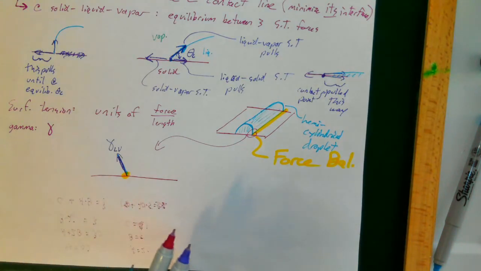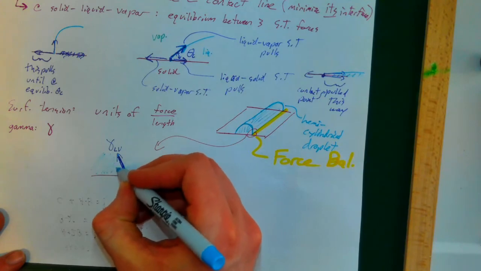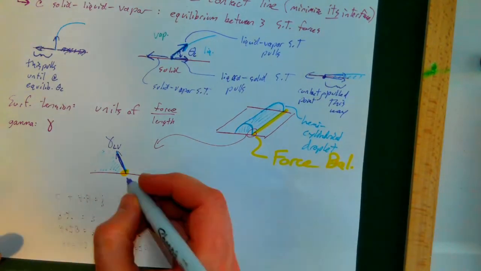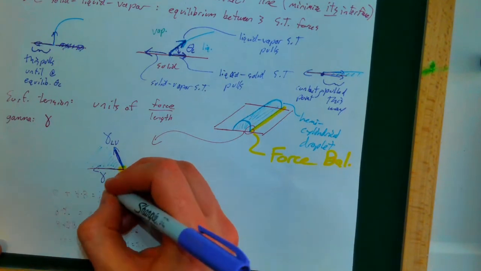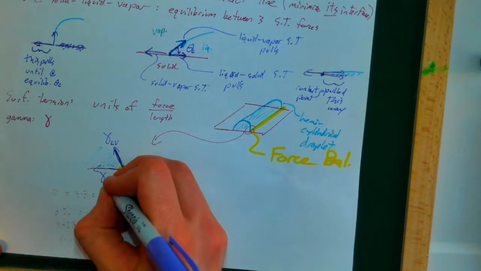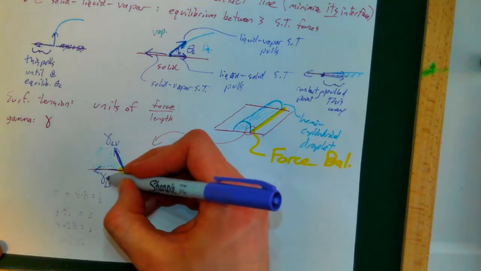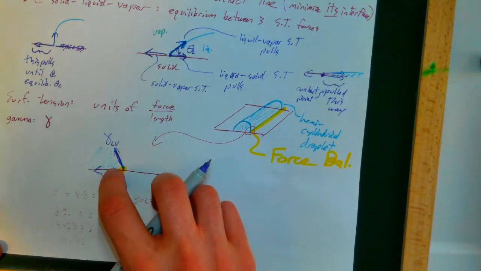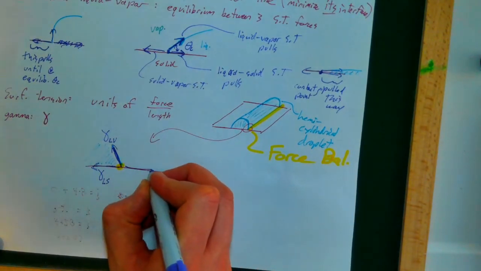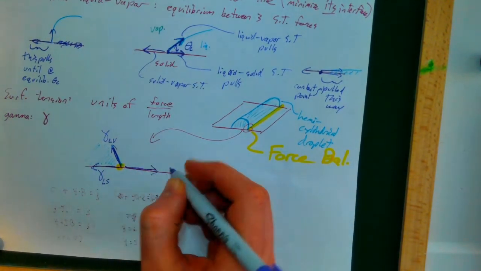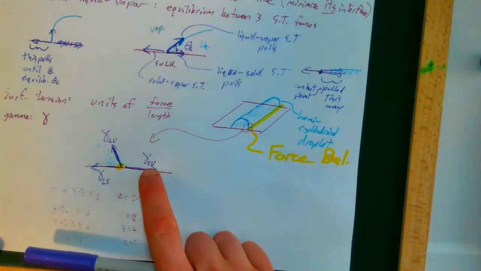And then along this line, where the fluid is right here, I would have the liquid solid surface tension, to denote that this surface tension is acting on the interface between the liquid and the solid. And then along this one, I would have the solid vapor surface tension.